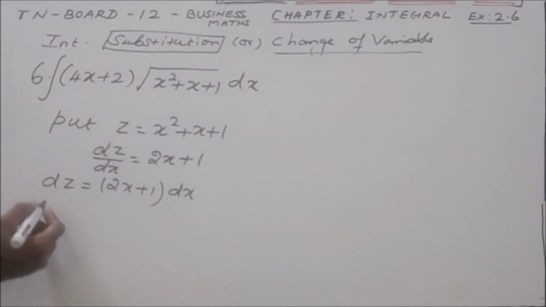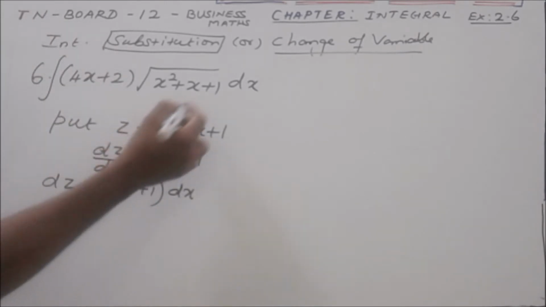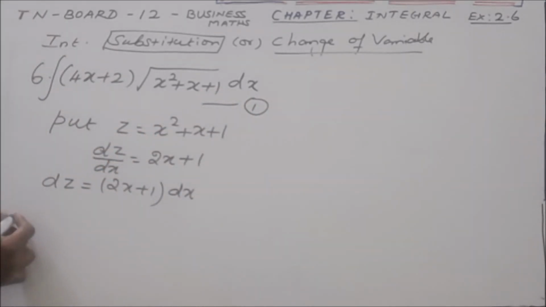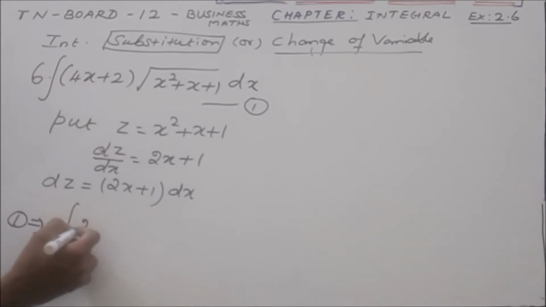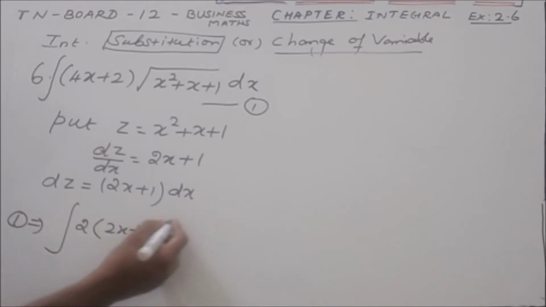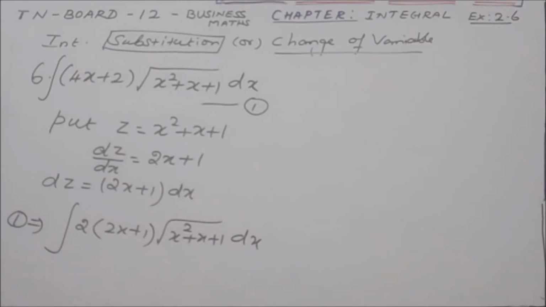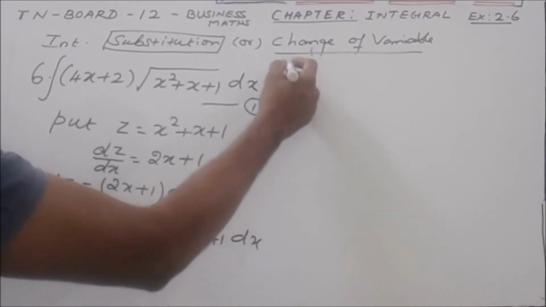Or you can simplify the question this way: the integral, taking 2 as common, is 2 into 2x plus 1 into root of x square plus x plus 1 into dx.